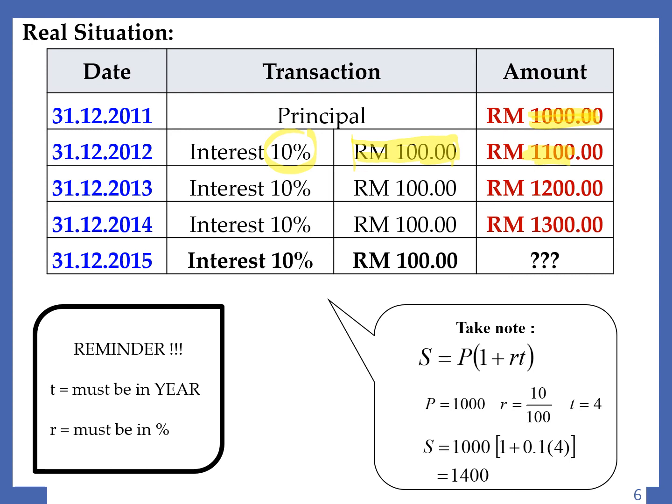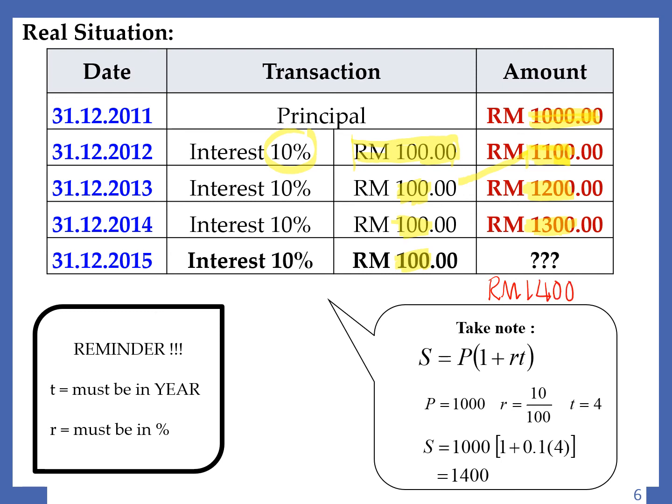Let's say we want to find the fourth year. So 1,100, we add 100 here. So the total amount in the second year is 1,200. And then we add another interest, so we get 1,300.